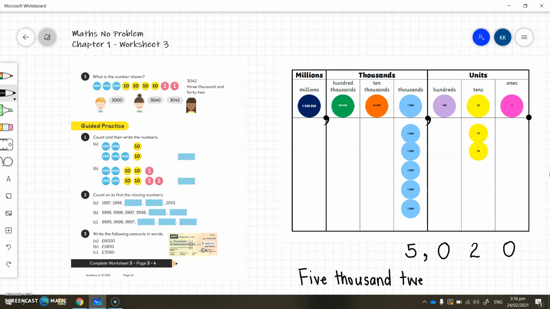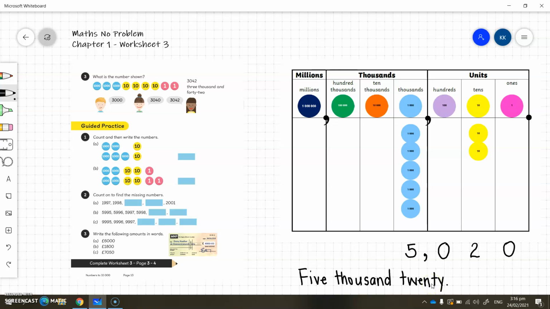Excellent. Okay, so we've got that, we've counted, and then we've written the number both numerically, 5,020, as well as in words, 5,020.